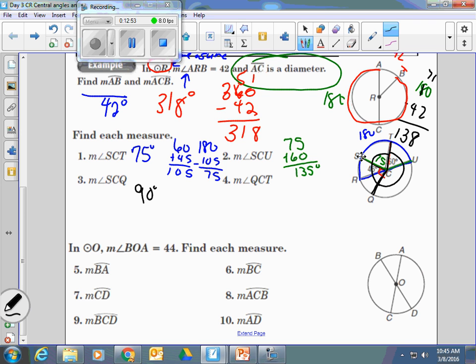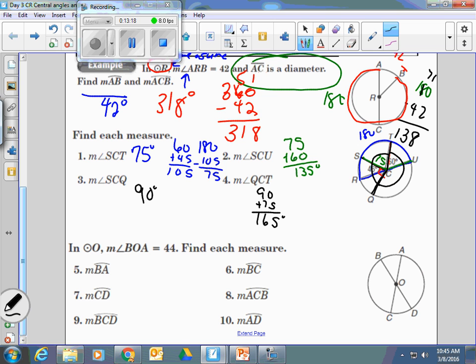So if you're not sure which one they're asking for right now, we're always going to ask for the smaller one. So probably what you did is you said 90 plus 75, right, and got 165, is that true? Okay, so I just wanted to make sure we had that conversation. I'm going to always ask you for that smaller one right now.